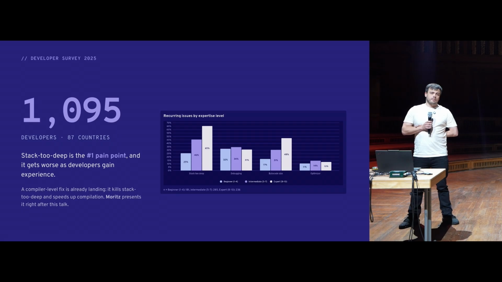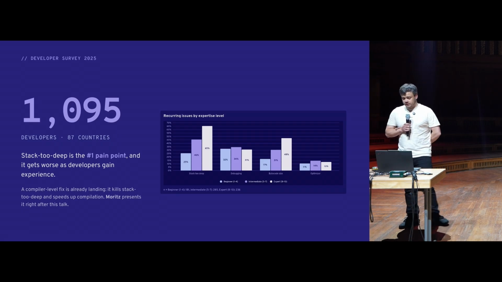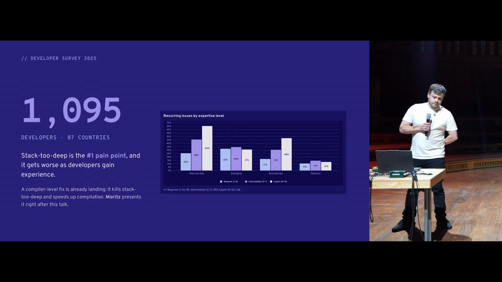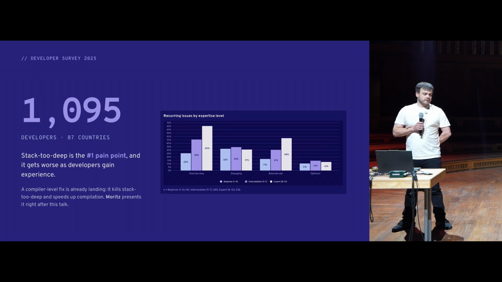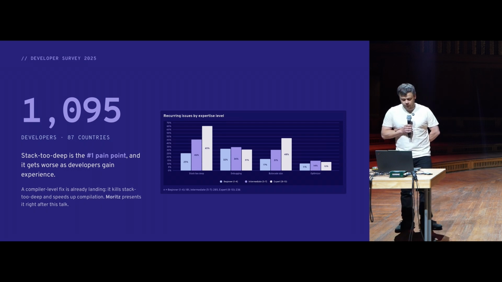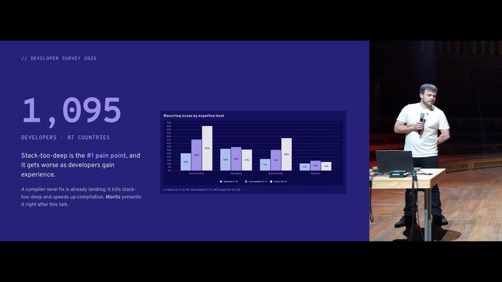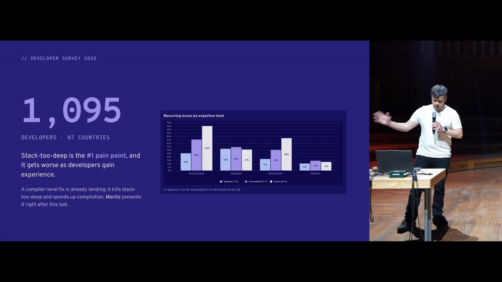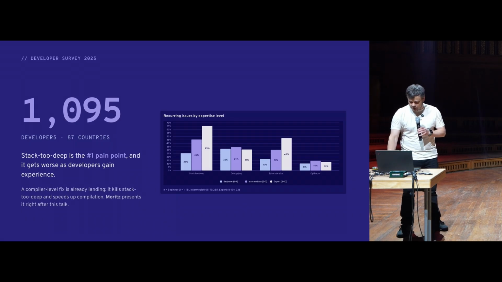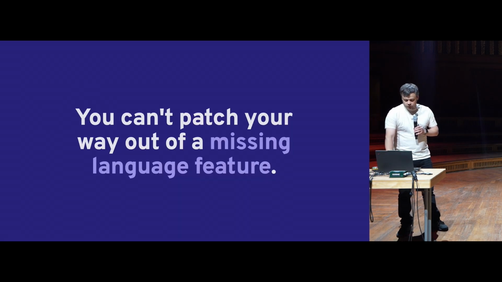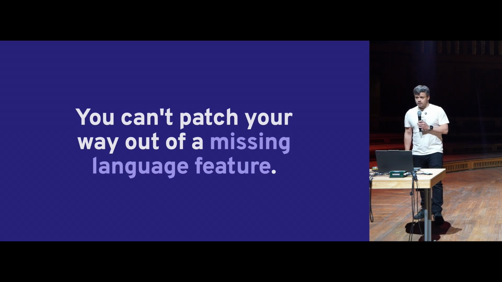People have been running into this for years, and the more experience developers have, the more frequently they seem to run into it, which makes sense. But we are fixing this. As I said, we will talk in depth in the talk after this one about how we are doing that and what else we are improving with the SSA CFG. So don't run away after my talk.